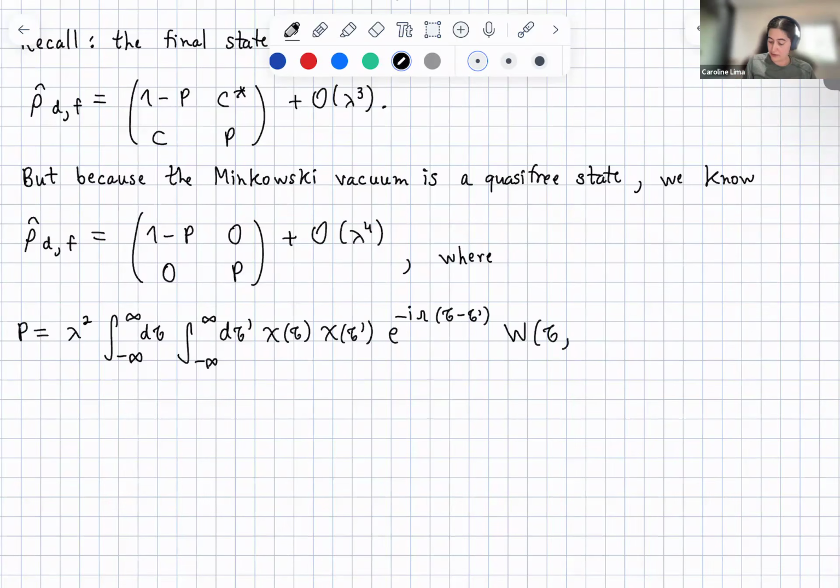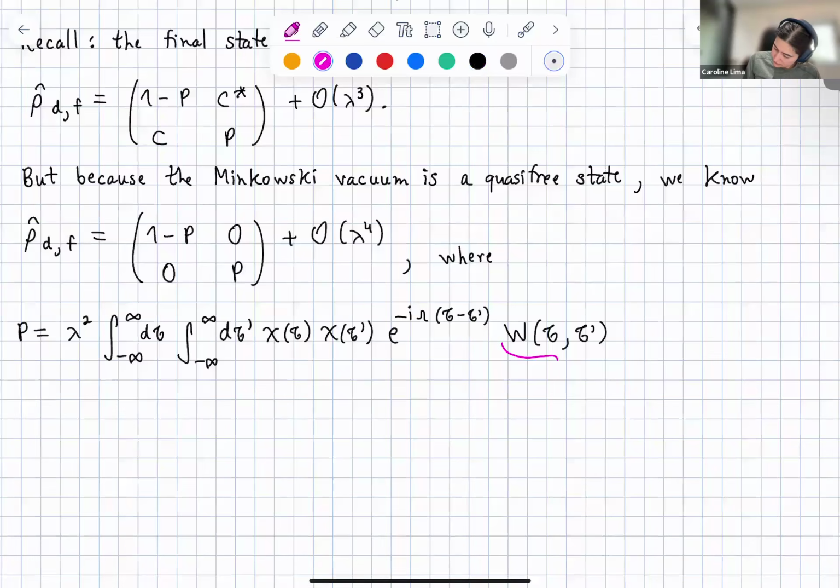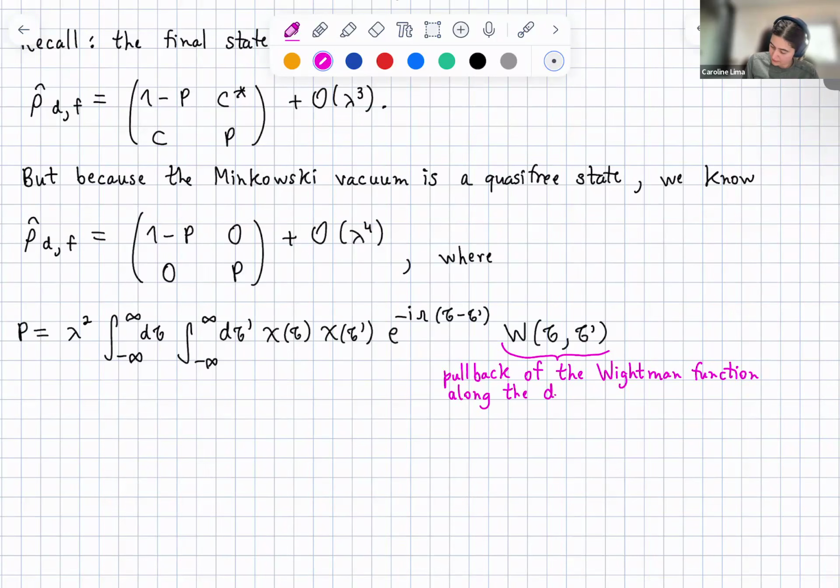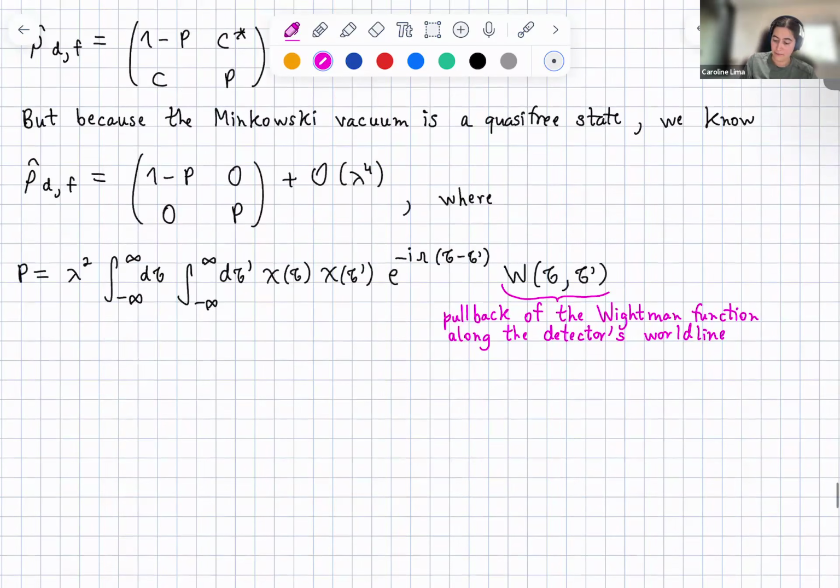So what I have is actually the pullback of the Wightman function along the detector's world line.